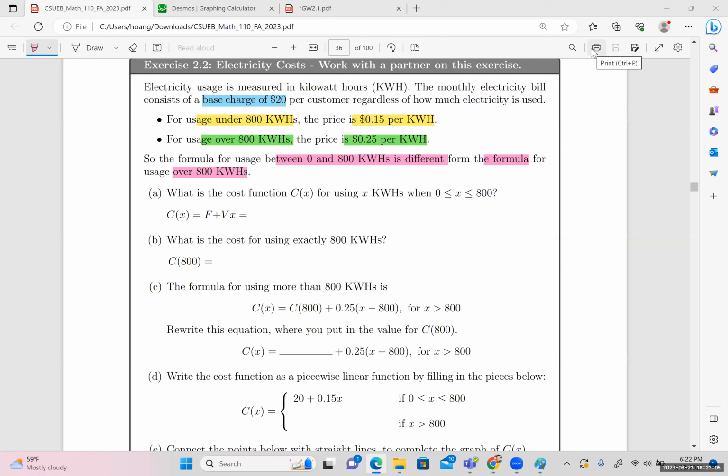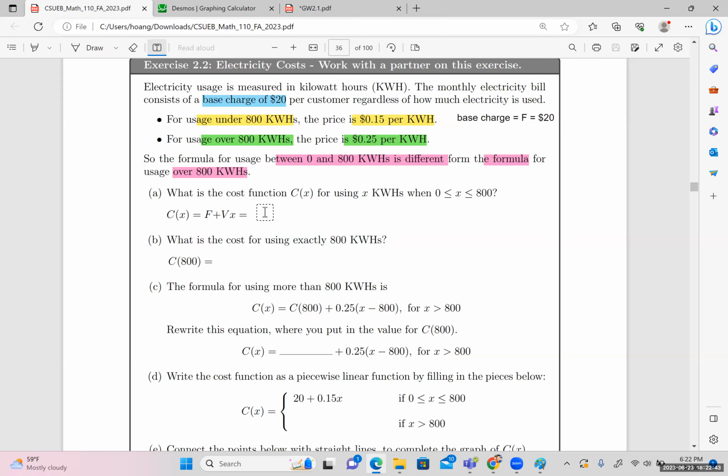Okay, so in between 0 to 800, what is the fixed cost you have to pay? That was the base charge. Base charge is equal to the fixed cost. It's going to be $20. So that means if you don't use any kilowatts, you still have to pay that, right? It's a fixed $20. Okay.